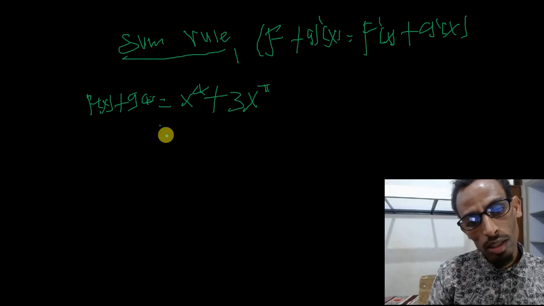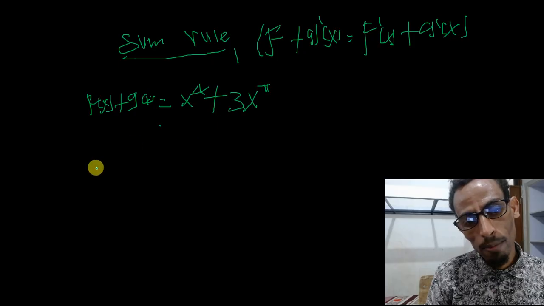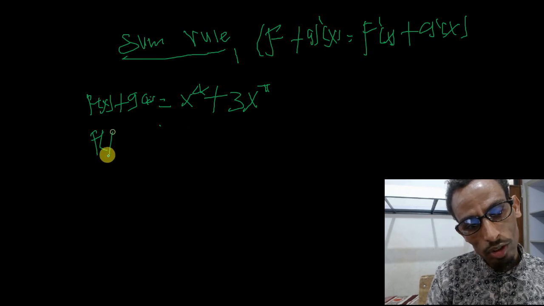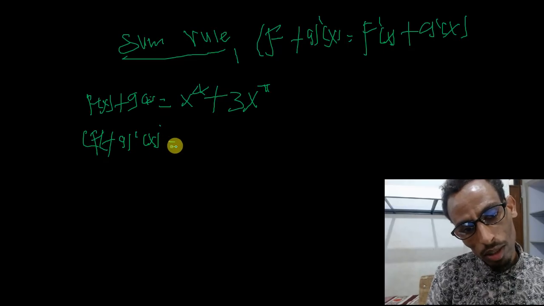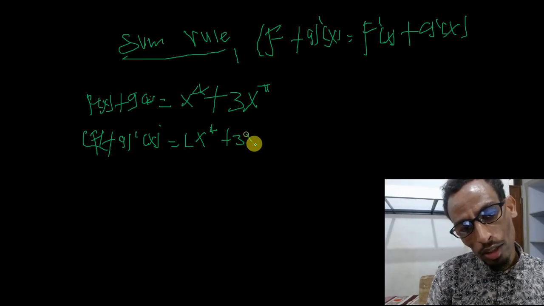That means our f of x is x to the power of 4, and our g of x is 3 times x to the power of pi. Now f plus g derivative at x is expressed by the derivative of x to the power of 4 plus 3 x to the power of pi at x.